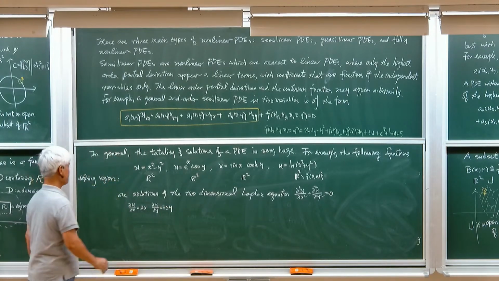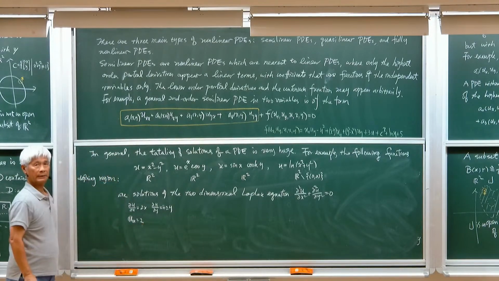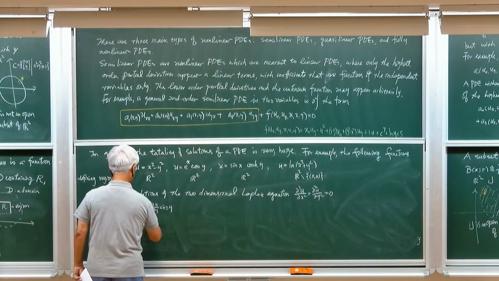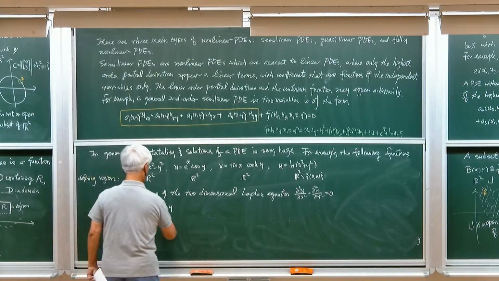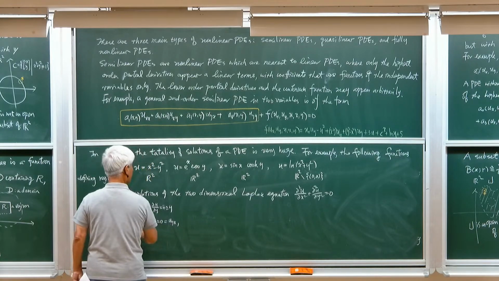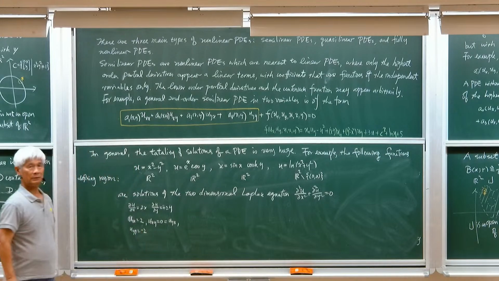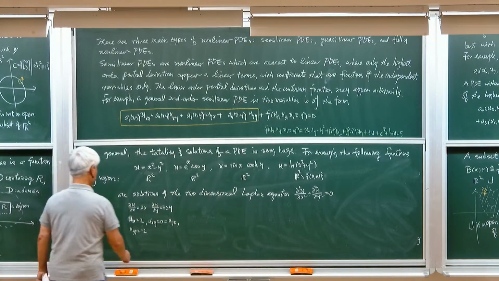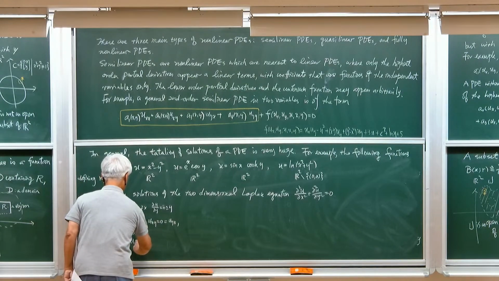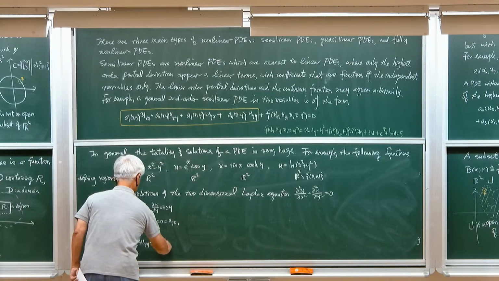So uxx is equal to 2, uxy equals 0, uyx equals 0, and uyy equals minus 2. So uxx plus uyy is 2 minus 2, which is 0.